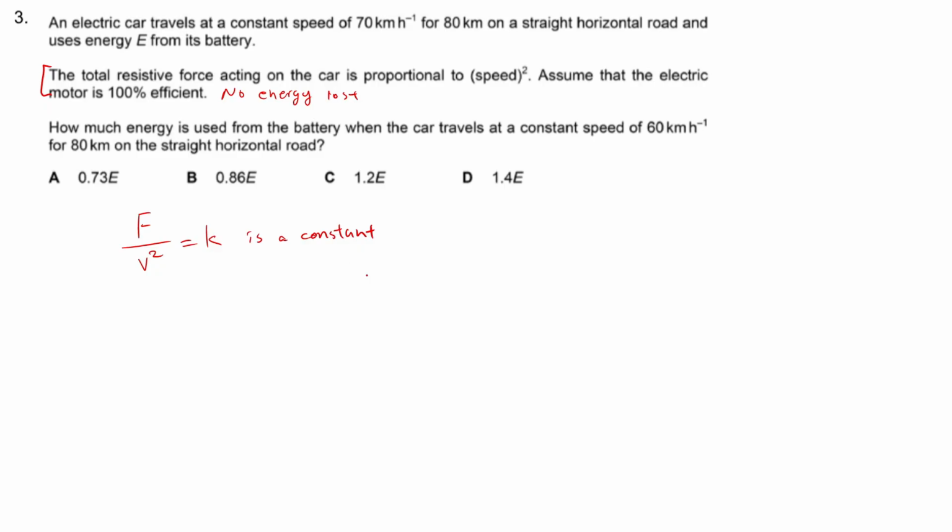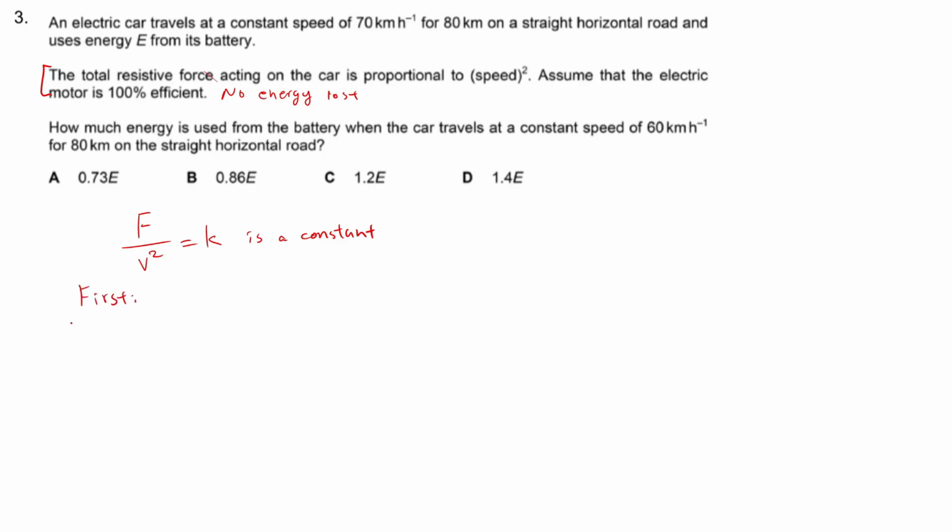Okay, since we know that, let's try and actually solve the problem. An electric car travels at a constant speed of 70 kilometers per hour for 80 kilometers on a straight horizontal road and uses energy E from its battery. And the question is asking how much energy is used from the battery when the car travels at a constant speed of 60 kilometers per hour for 80 kilometers on a straight horizontal road. Okay. So there's actually two situations here.